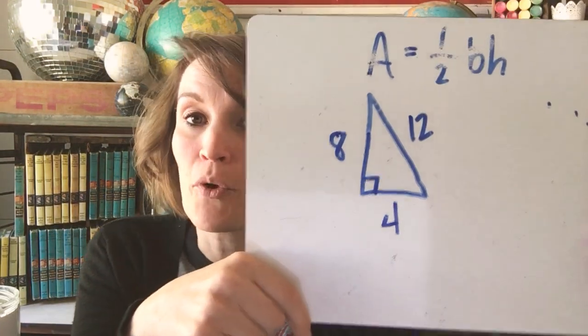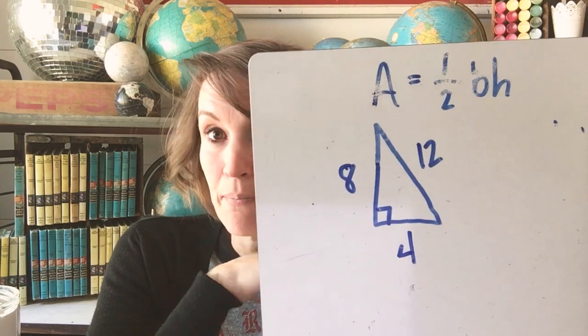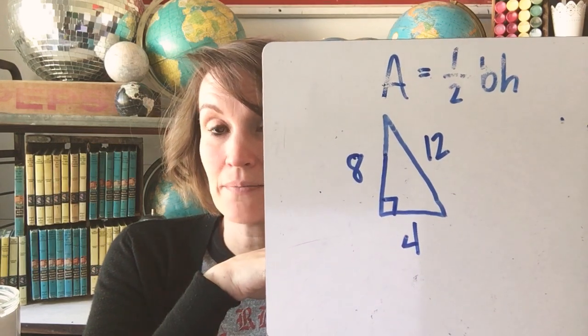Okay, let's do 2 more problems with this and then we can be done with this skill. Let's see. I'm going to have a right triangle. That means it has 1 right angle in it. It has sides of, this isn't mathematically correct, but I'm just going to pull it out of my noggin, 8, 4, and 12. So look at this and say, okay, who's your base, who's your height? Pause the video, see if you can figure that out.